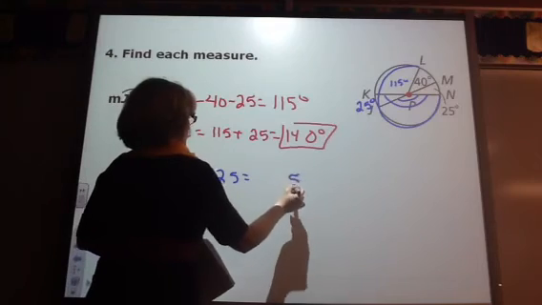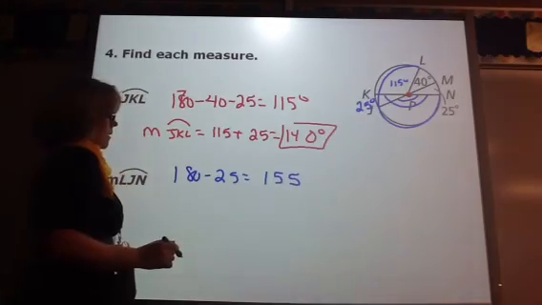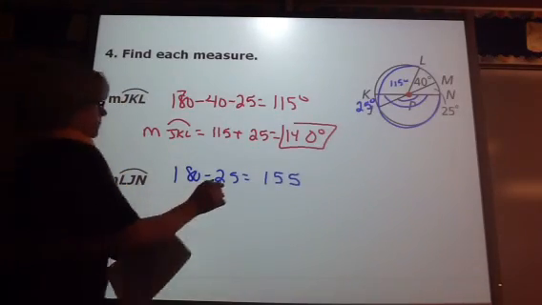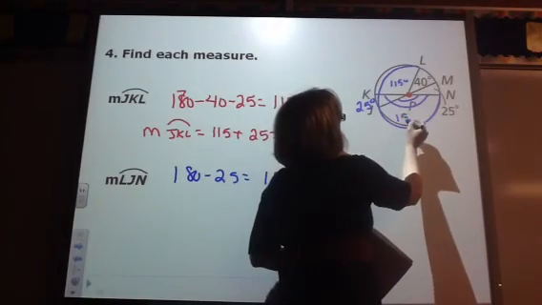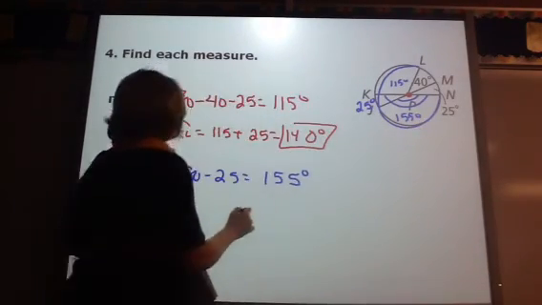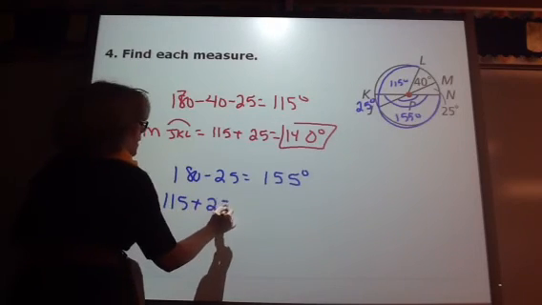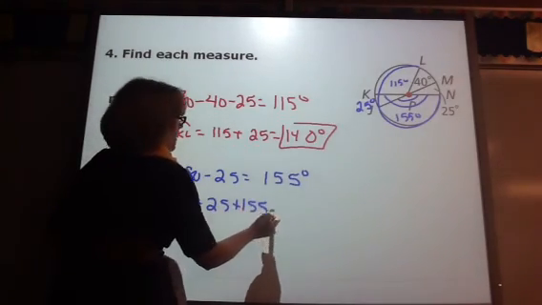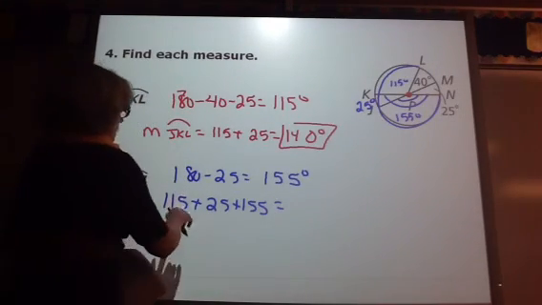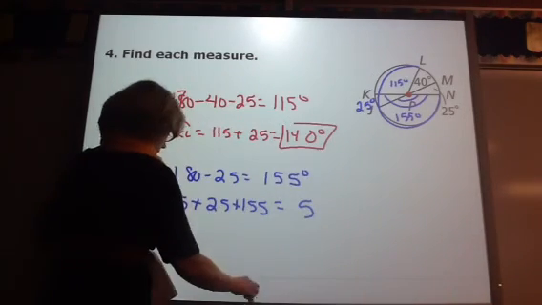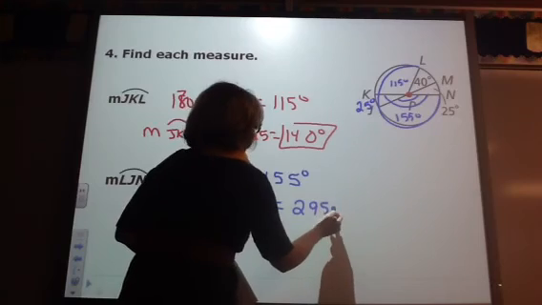And what's that give me? 155. So then this right here is 155 degrees. So I have 115 plus 25 plus 155. And that's going to give me 295 degrees.